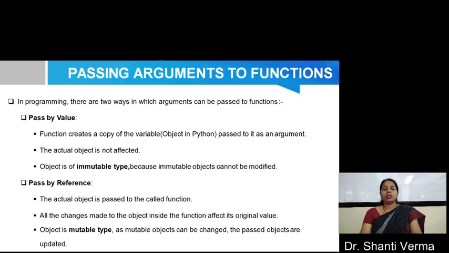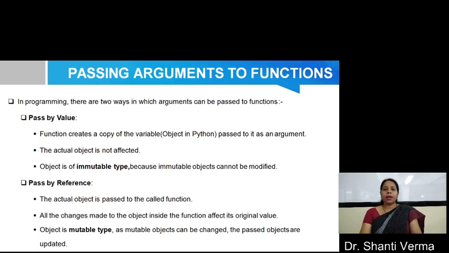Now let's discuss the function's argument passing types. There are two ways in which an argument can be passed to a function, that is pass by value or pass by reference. Basically, in pass by value, the function creates a copy of the variable passed as an argument, but the actual object is not affected, and the object is of immutable type.